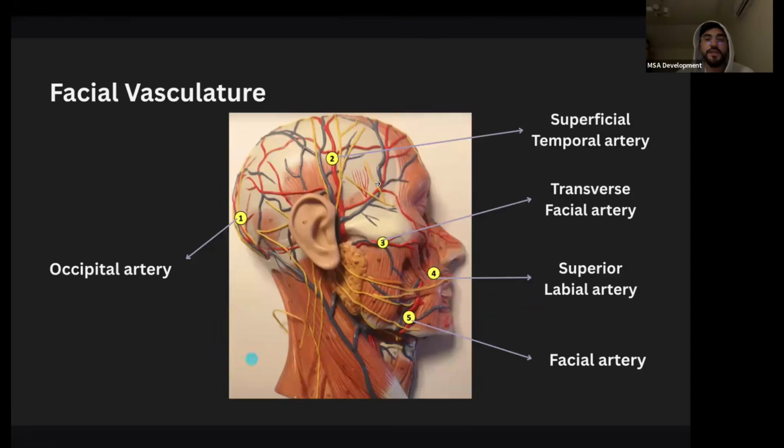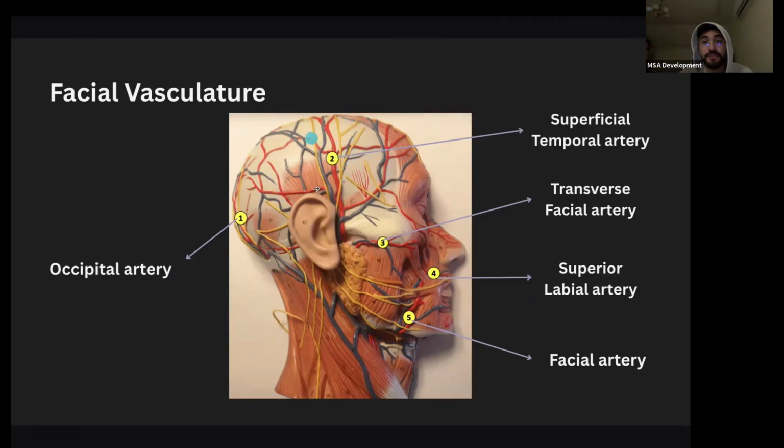Now, this is from your lab slides. And here it's very important that you be able to identify different arteries that supply the face. Okay. So first of all, let's start with this artery right here in the back. So this is the occipital bone, hence occipital artery.